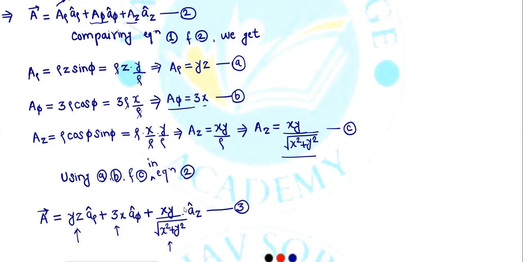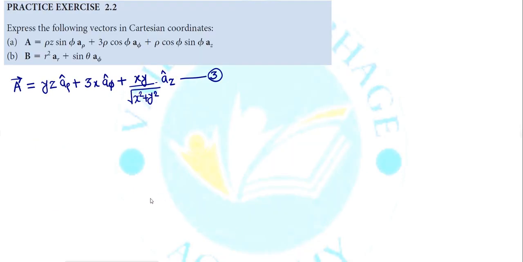Now we are going to fully convert it into the cylindrical system as stated in part A of the numerical. For this purpose we are going to make use of a reference table that we have seen earlier.